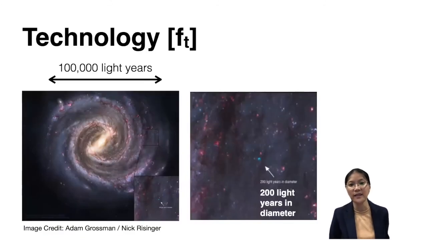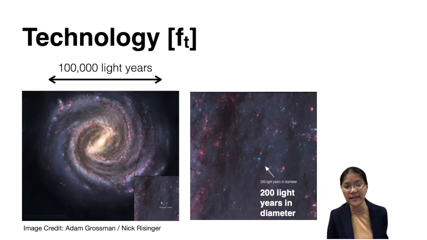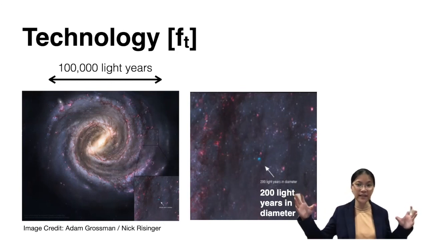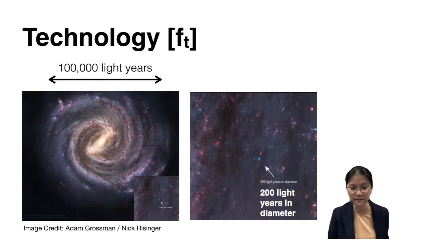Finally, we have the third factor in our biotechnical set of factors, F sub T, which stands for technology. In our case, we're able to broadcast radio signals out since their invention 100 years ago.